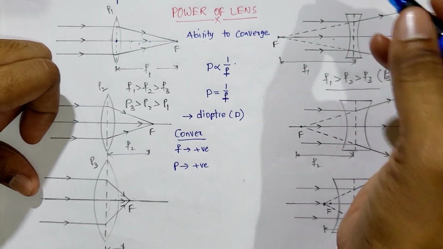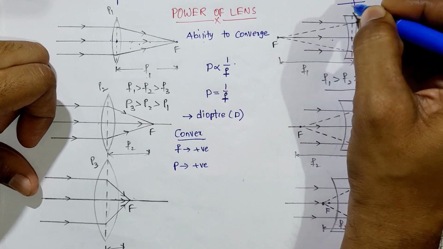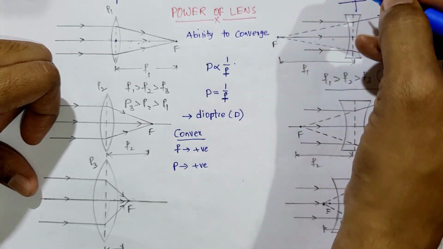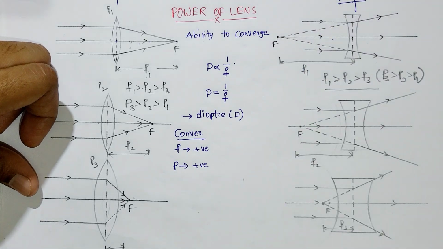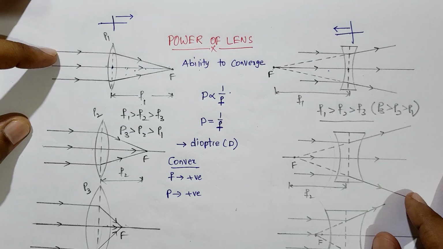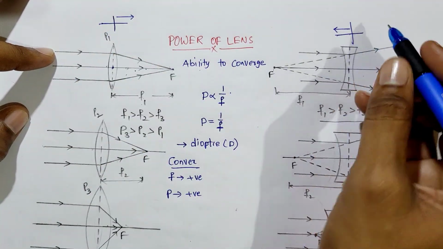You come here now. This is the optical center, right? Imagine this as the optical center and this one will be the coordinate axis. Where is the focus here? Focus is here, left side. To measure focal length, you are moving towards left, negative x-axis direction. This one is also the same thing. Now see here.